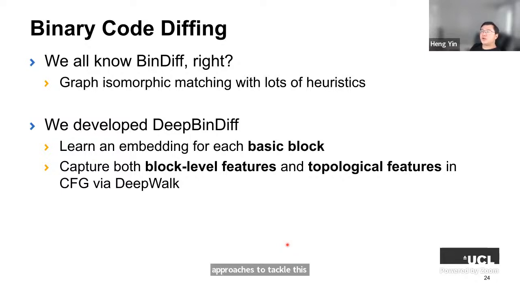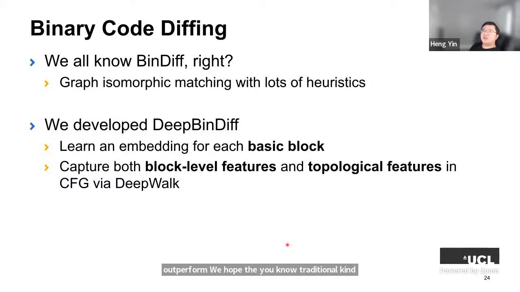Naturally, if we can learn a good basic block embedding with some graph matching algorithm, it doesn't have to be a very fancy one, it should outperform, we hope, the traditional BinDiff approach, right?